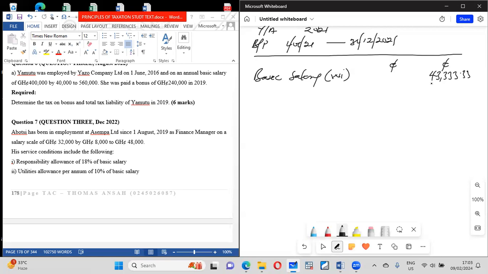All right. So I go on and do my cash allowances. We have responsibility allowance. It's 18% of this 43,333.33. So let's do that. 43,333.33 multiplied by 0.18 gives me a rounded figure of 7,800.